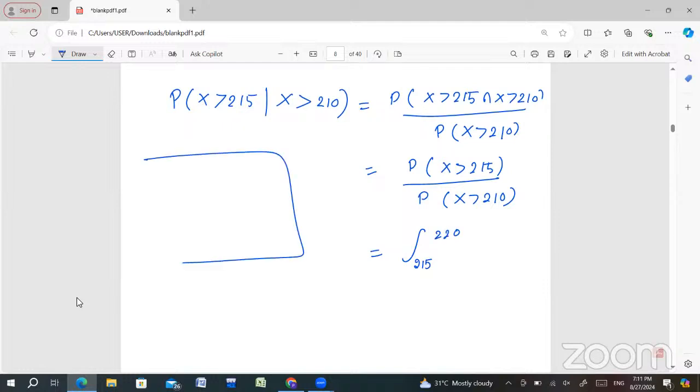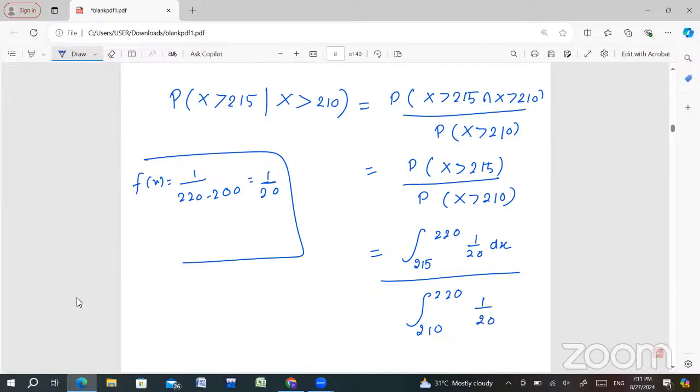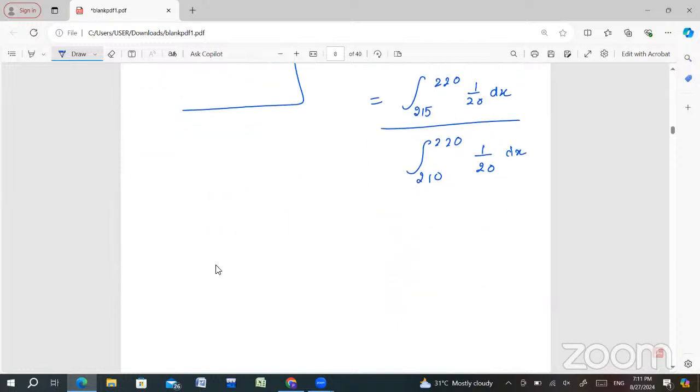The PDF f(x) will be 1 upon 220 minus 200, so it is 1 upon 20, right? So f(x) dx, we write. f(x) is 1 upon 20 here, divided by the integral from 210 to 220 of 1 upon 20 dx, and just solve it.